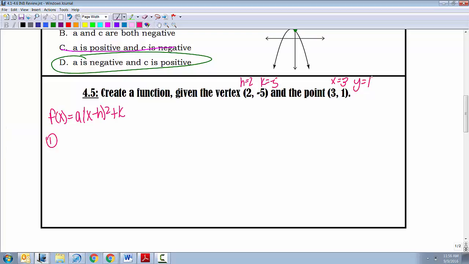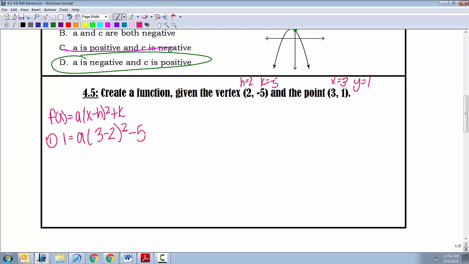So our first step is just to plug those in. So y is 1, so I'm going to put that in. Leave a alone. Plugging in x, which is 3, my h value, which is 2, and my k value, which is -5. Questions on how I did any of this part? This is the easier part, and then we're going to get into the more complicated.